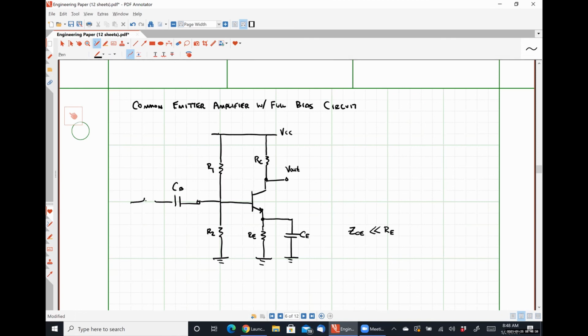And just for the sake of argument, I'm going to say that we might have some base resistance there as well. So let's talk about that base resistance first, okay? That base resistance is really what we would consider the internal resistance of whatever our input signal generator is.